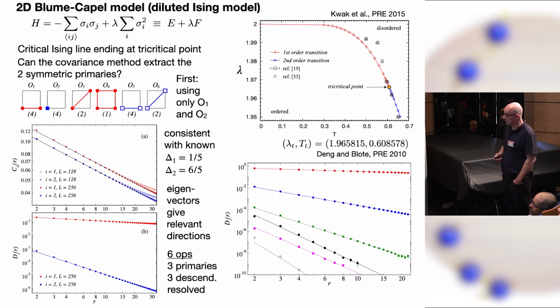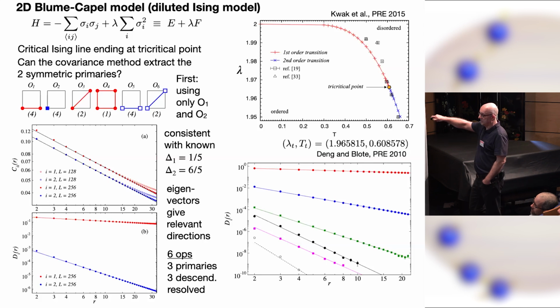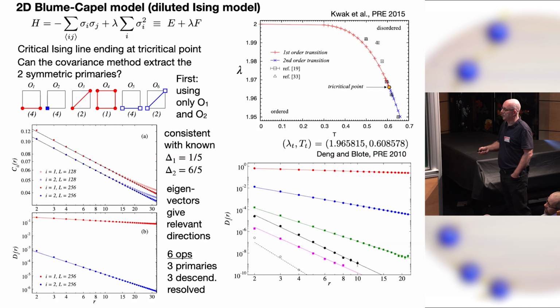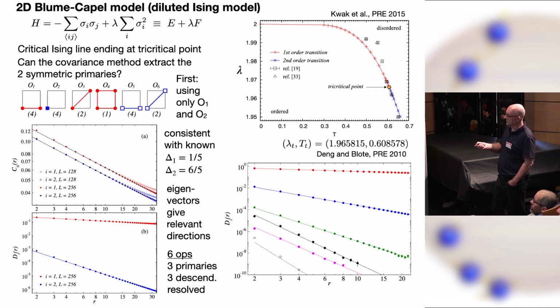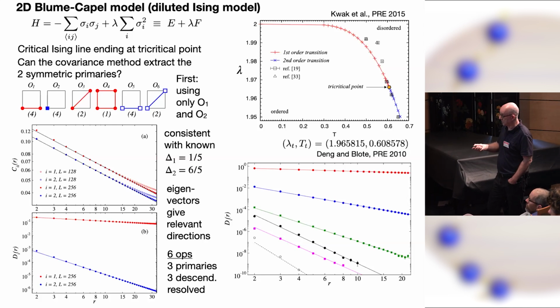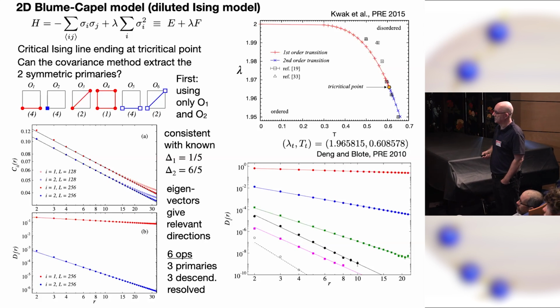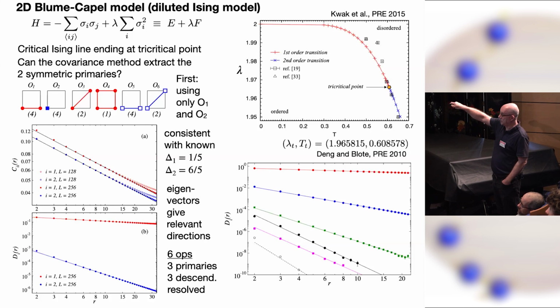against known results. If I do the whole 6 by 6, I get these eigenvalues. And again, here the system is big, it's L equals 256, and I look at it as a function of R up to not very large distances. So these are the two primary scaling dimensions. And then there's another primary that I see here, which has scaling dimension 3, and I believe that's the pink ones.